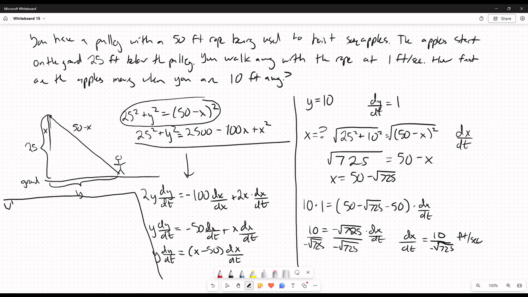Saying when you are 10 feet away, the apples are moving upwards at 10 over the square root of 725 feet per second. So there you go. Good to write conclusion sentences here. Here's an example of what one of those might look like.